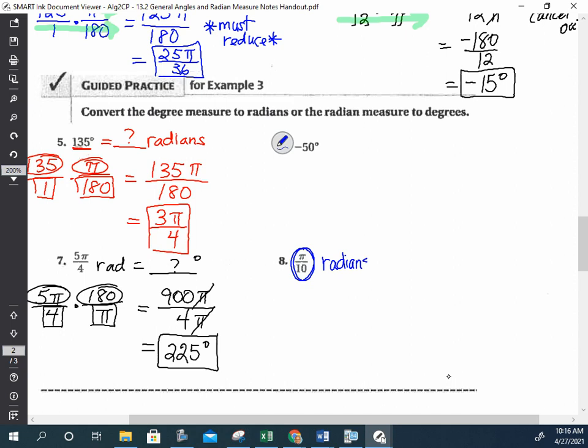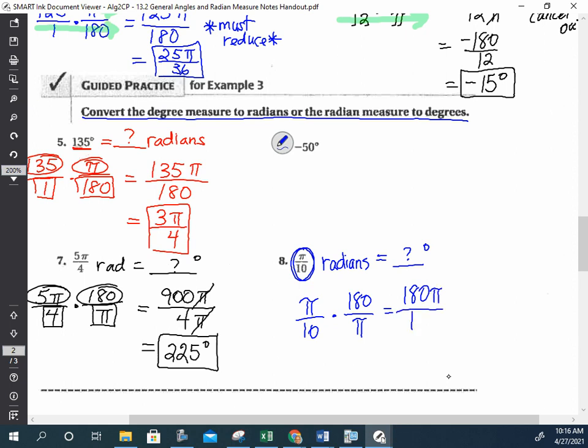So you're going to change that to degrees. Then that would be pi over 10 times 180 over pi. So 180 pi over 10 pi. That's 180 over 10, 18 degrees.